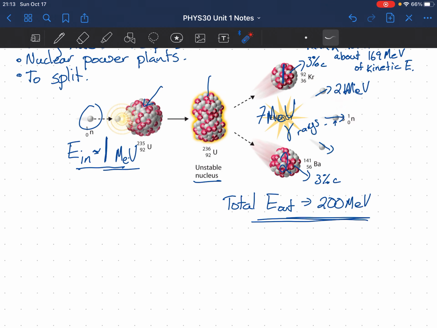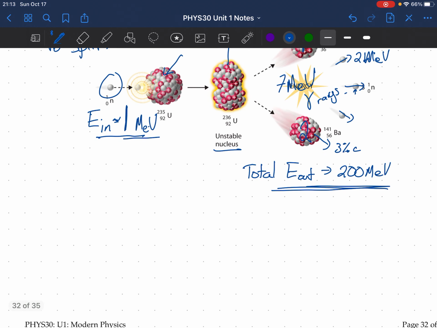All right, now, what happens to these 3 neutrons? Well, these 3 neutrons can go and hit another U-235 atom. So kind of looks like this. So we start with a neutron.